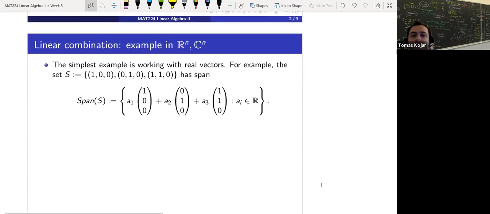The simplest example is when you work on Rn or Cn, and you just take a collection of vectors, and the span is just the linear combination of them, like this set over here.